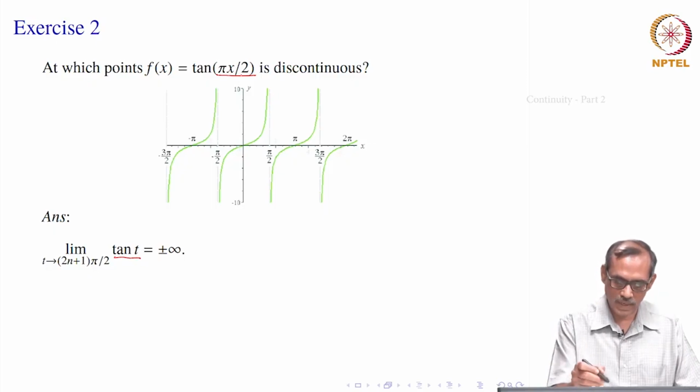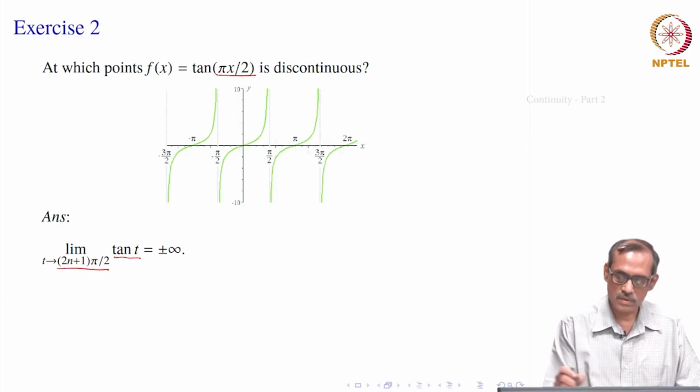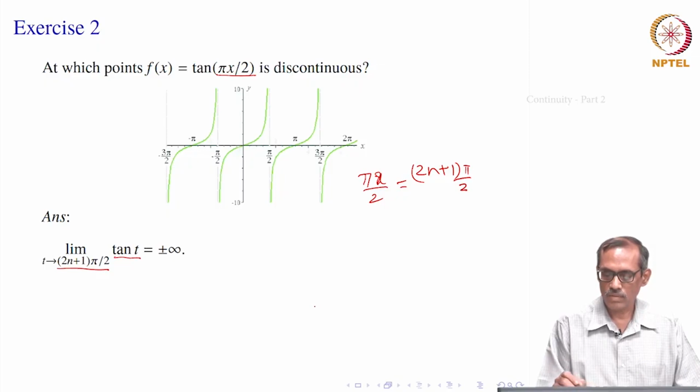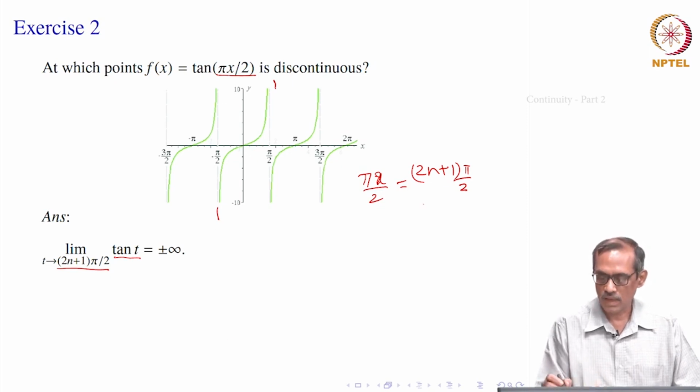So, that is pi x by 2 equal to 2n plus 1 into pi by 2, right. Whenever this is satisfied, at those points x, we have discontinuity. Here discontinuity, here discontinuity. One side it blows up to infinity, another side it blows up to minus infinity.